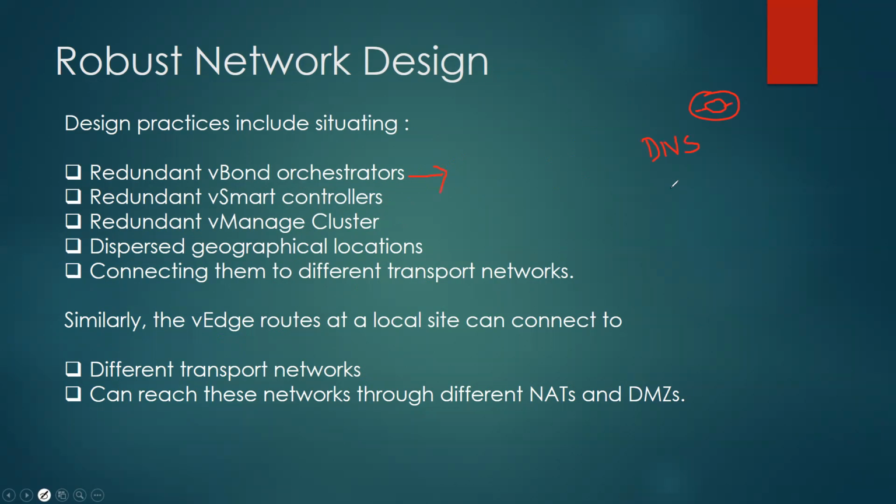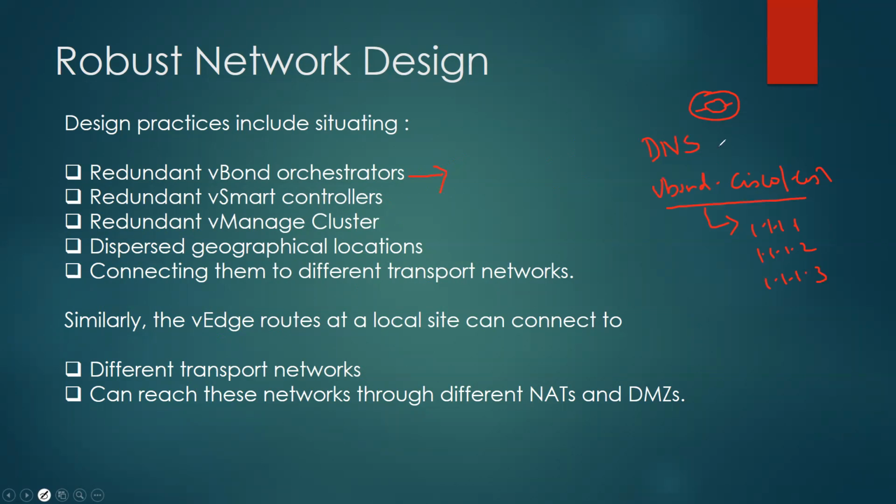Yeah, so you can use something called DNS names, vbond.cisco.com or your organization name.com, and this host name can be mapped to different IPs, say 1.1.1.1, 1.1.1.2, 1.1.1.3, etc. Means all different IPs, so it is not depending upon a single IP.